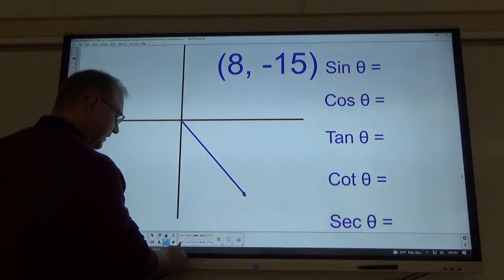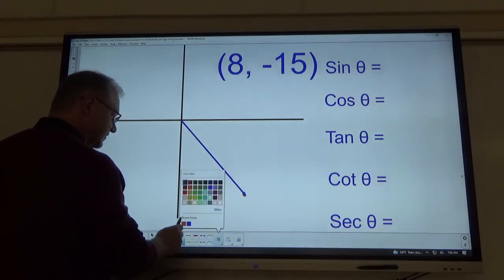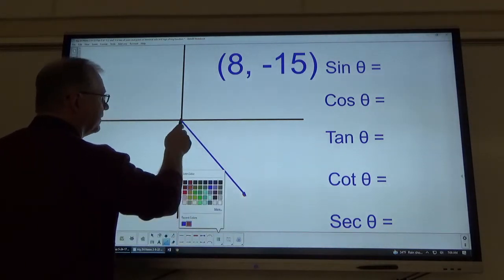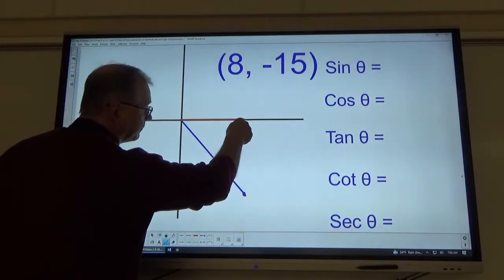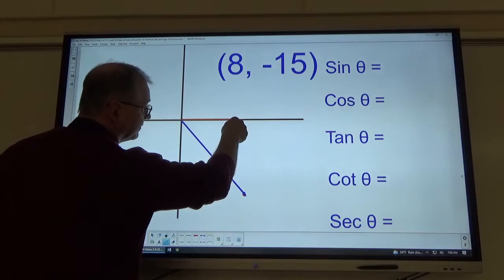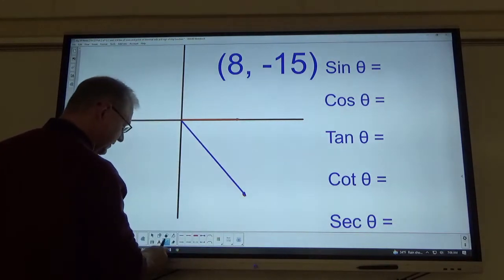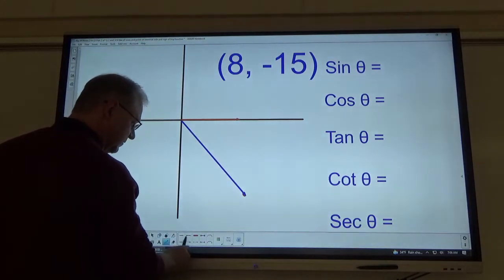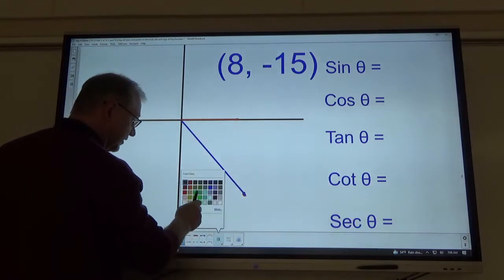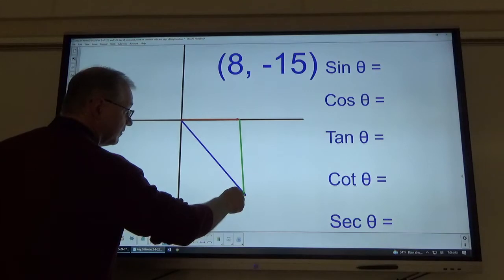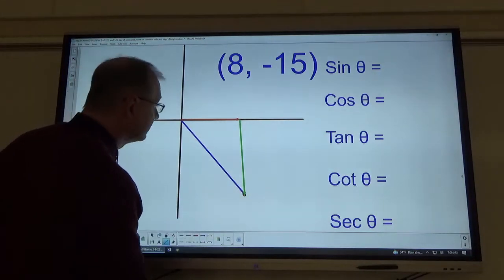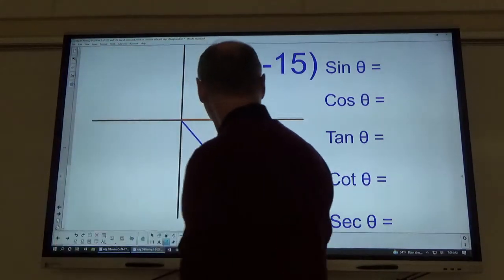Well, I have other sides to this. The positive side goes out to 8, roughly there, I think. And then the negative side, or the -15 part, comes down from there to make, well, that doesn't quite look like a right triangle.